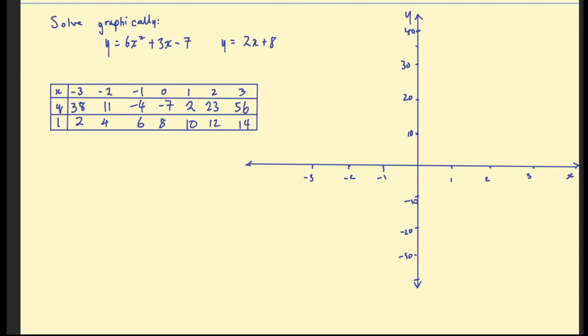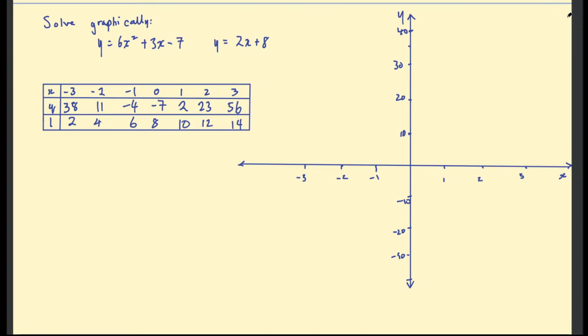Okay, so then let's plot out the graphs now, because I usually have that open, that's why.